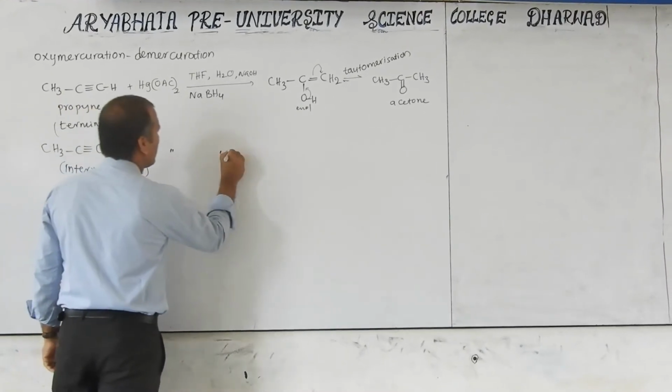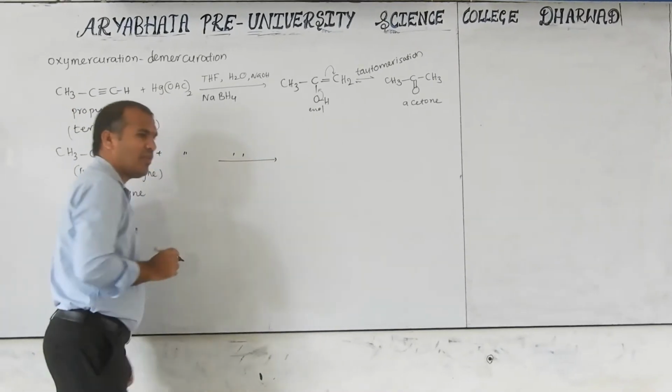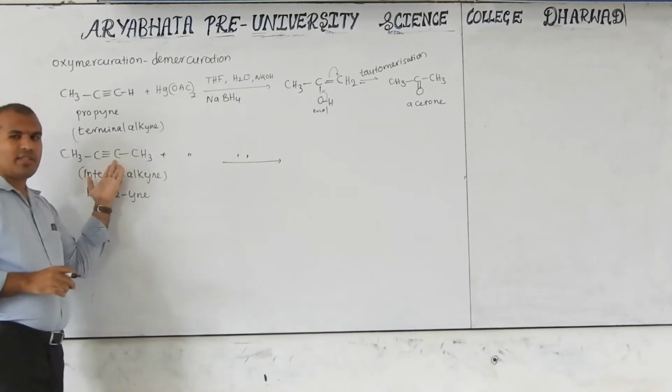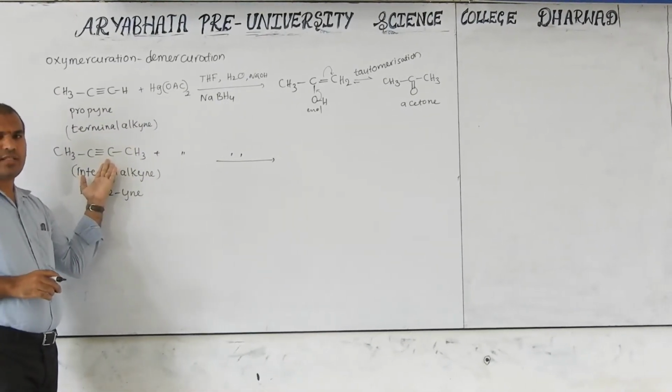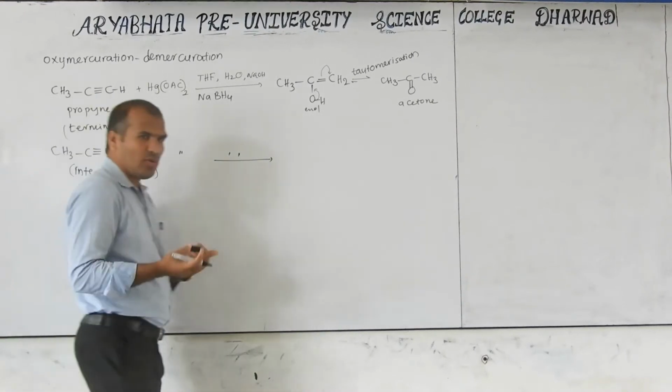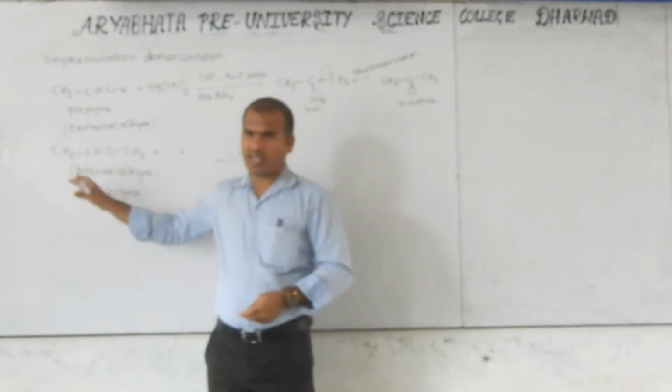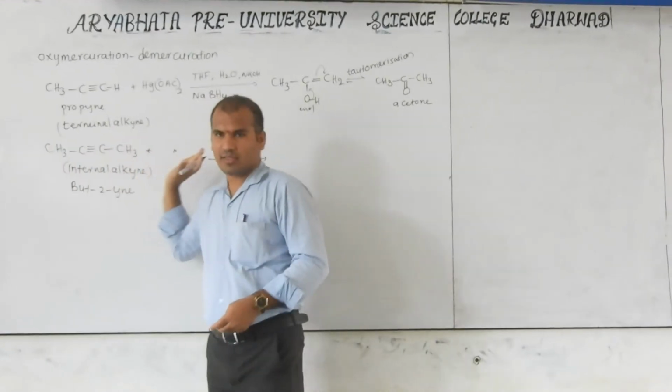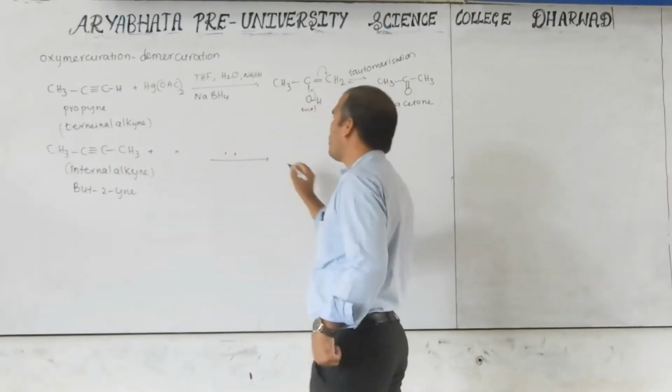Now the same as it is, we can add to any one side: H is bonded on one side, OH on the other side. It is equal, the same, because there is no unsymmetry, it is a symmetrical alkyne. If you cut like this, we get equal bonds. Symmetrical alkyne, add to any one carbon.